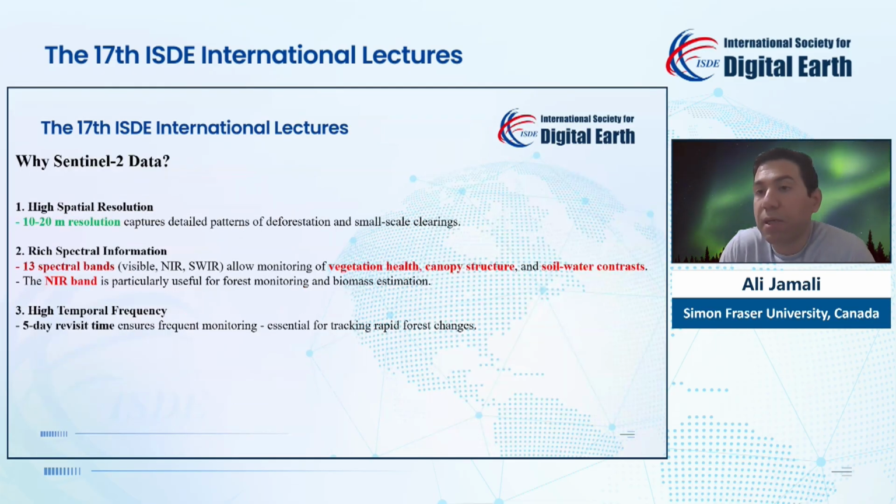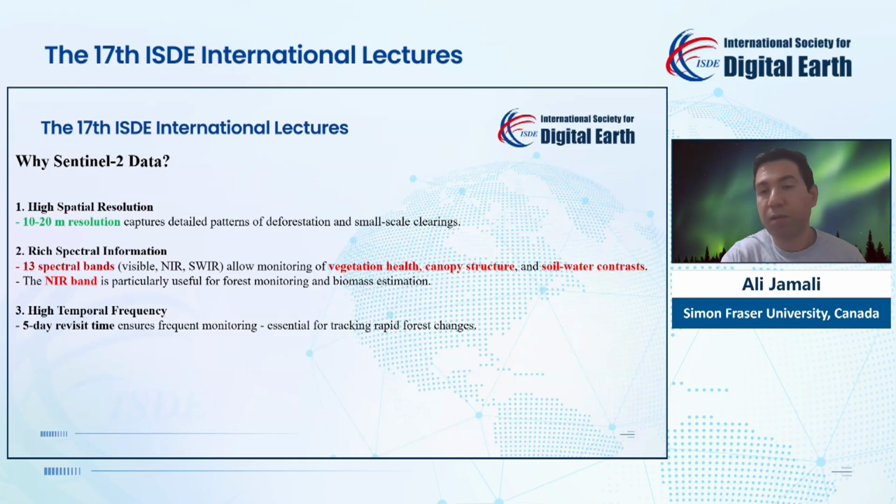So Sentinel-2, like Sentinel-1, has a 10 to 20 meter resolution. So you can have detailed patterns of deforestation, even small scale clearings or tree clearings. You have 13 spectral bands in visible, infrared, and short-wave infrared, which are perfect for vegetation health, canopy structure, and soil monitoring.